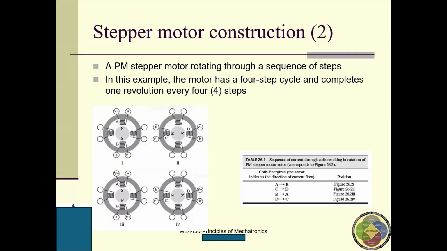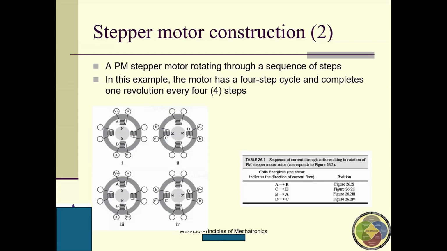Okay, the same thing: 1, 2, 3, 4. As long as you do the sequence of energizing and de-energizing these two poles, pole A and pole B, the two sets of coils, group A and group B, you can go to the desired location.